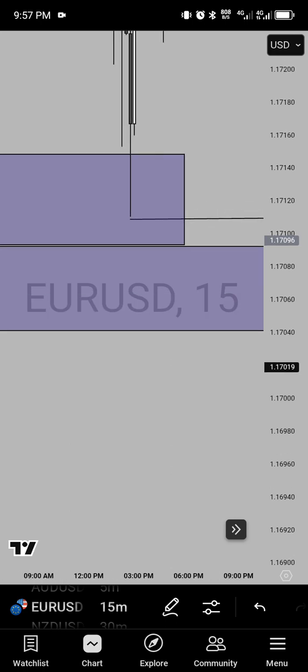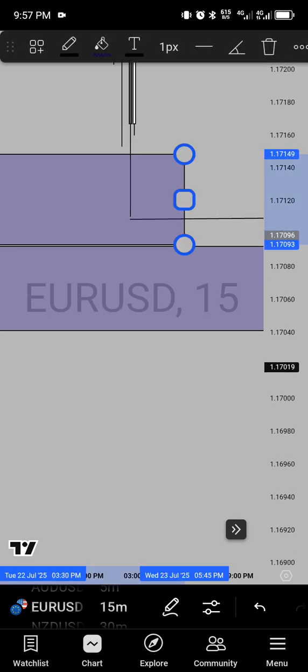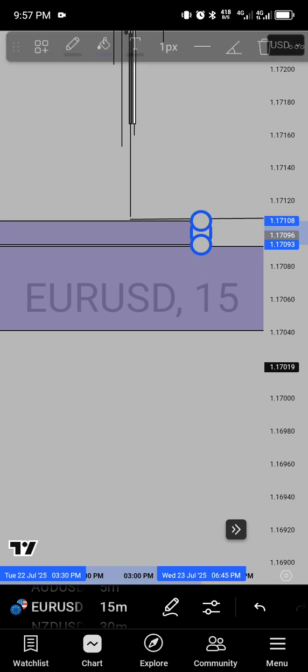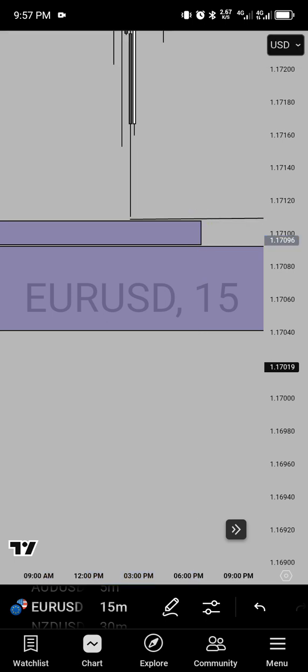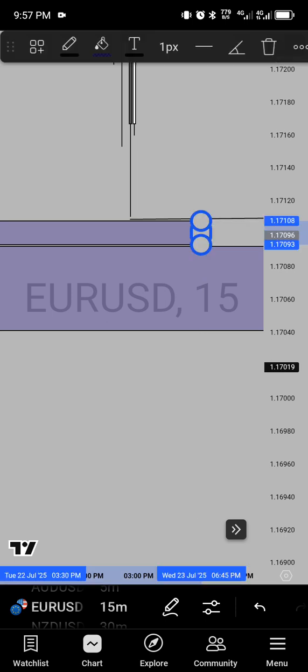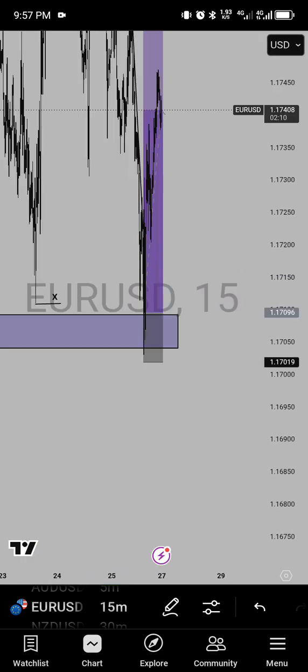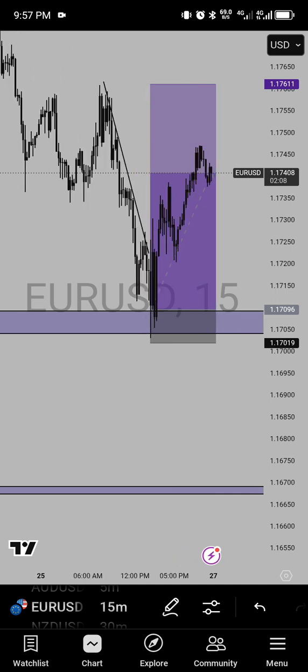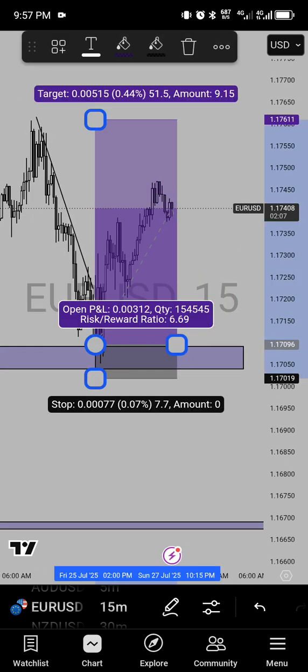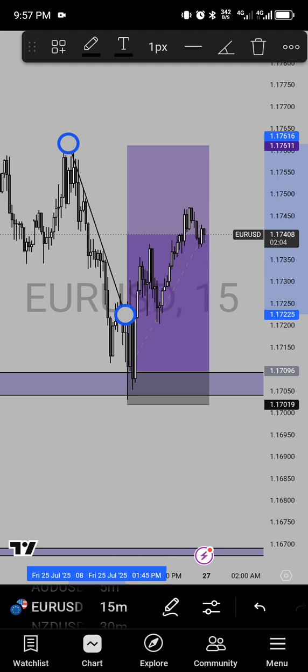Price hasn't yet mitigated our zone, which is the gap is just left with this, and it's still a good gap to be a fair value gap. So that's how it came to that. Then after that, what are we expecting? Expecting price to tap into our zone and then take out this next high right there.